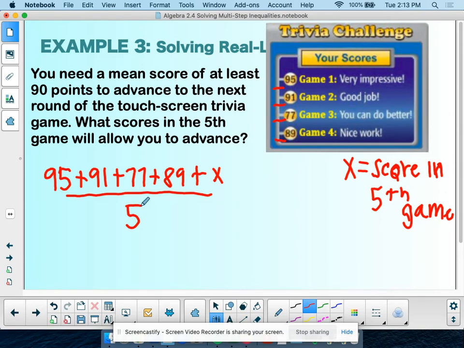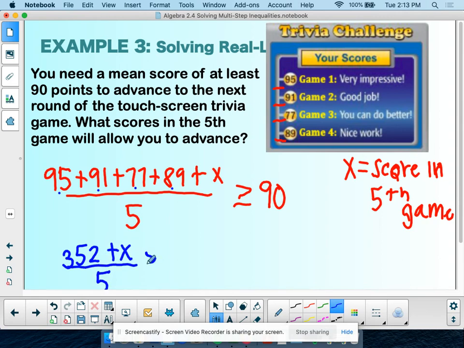At least 90 points. So it has to be greater than or equal to 90. Okay. So now from here we just simplify. We have to add up 95, 91, 77, and 89 to get a grand total of 352 plus X, all over 5, is greater than or equal to 90.